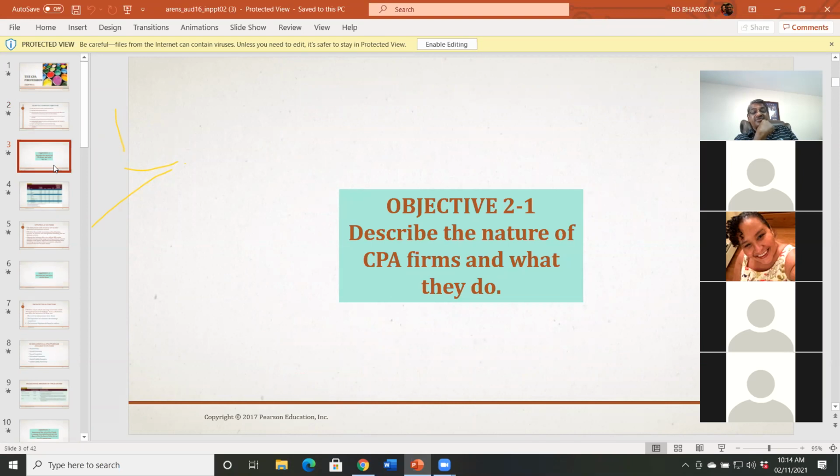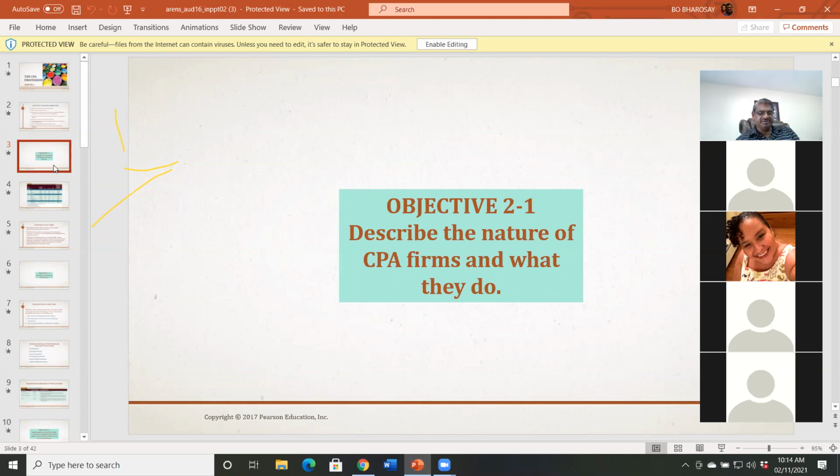The nature of CPA firms and what they do. Today you have the Big Four CPA firms, which are the largest four accounting firms in the world. In my days, they were the Big Four, the Big Eight, and through mergers and acquisitions, we ended up with the Big Four. The largest CPA firms in the world are international, and they have offices in every major city in the world.